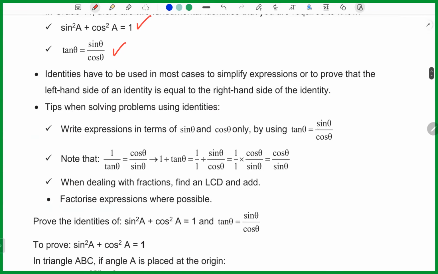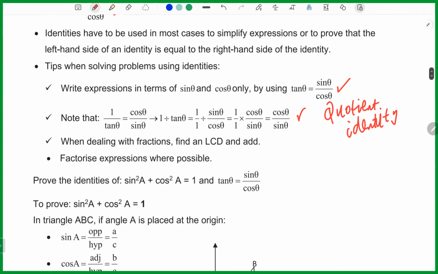This is called the quotient identity. And we can prove this. In fact, it's been established there. When dealing with fractions, we find the LCD and so on.